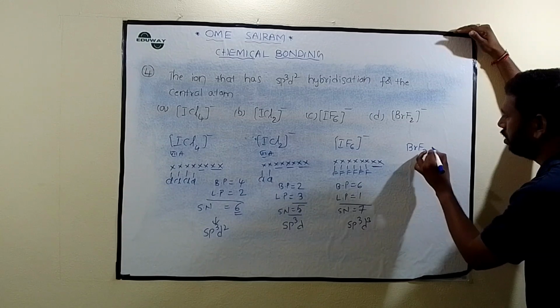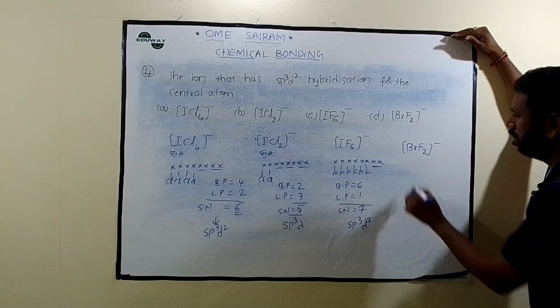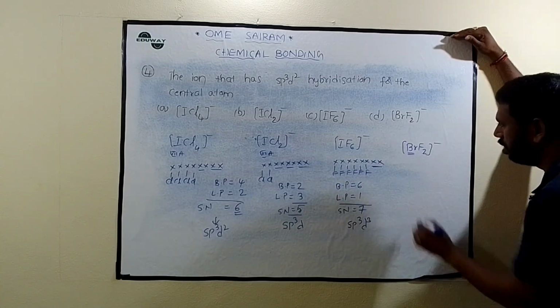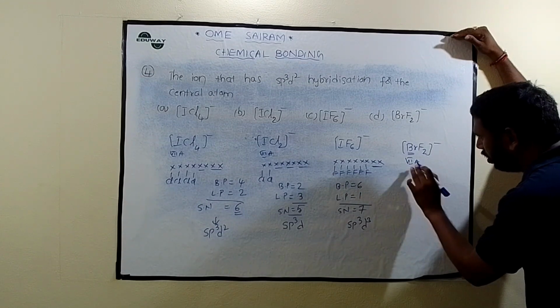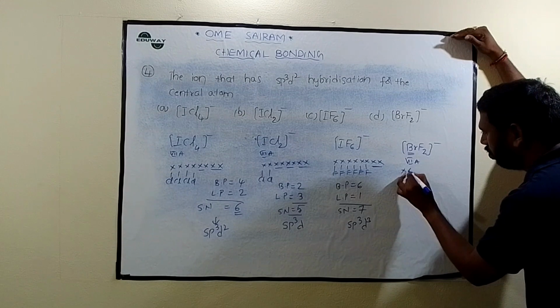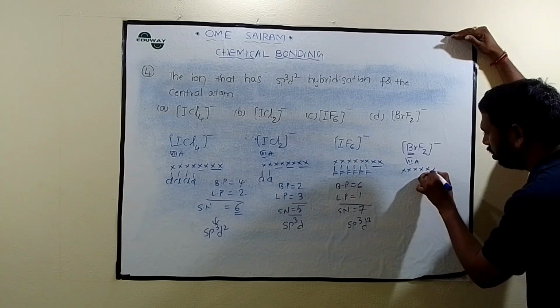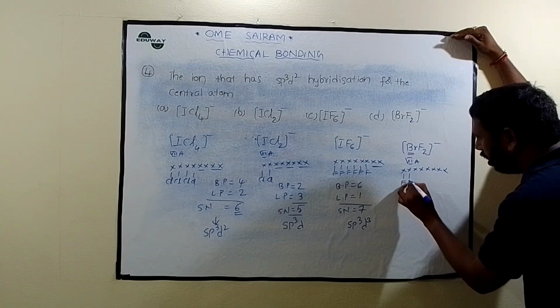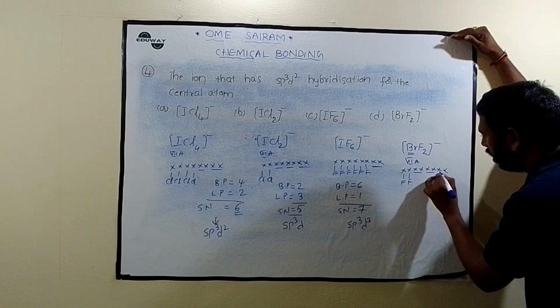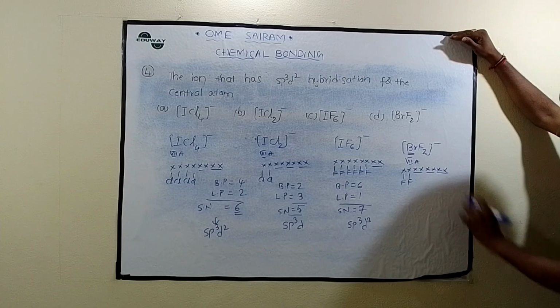Now the last one is BrCl2 minus. The central atom is bromine. It belongs to the 7A group element and it has 7 valence electrons plus 1 electron in excess. 1, 2, 3, 4, 5, 6, 7, 8. Bromine can form 2 bonds with 2 chlorine atoms and the remaining 6 electrons exist as 3 lone pairs.